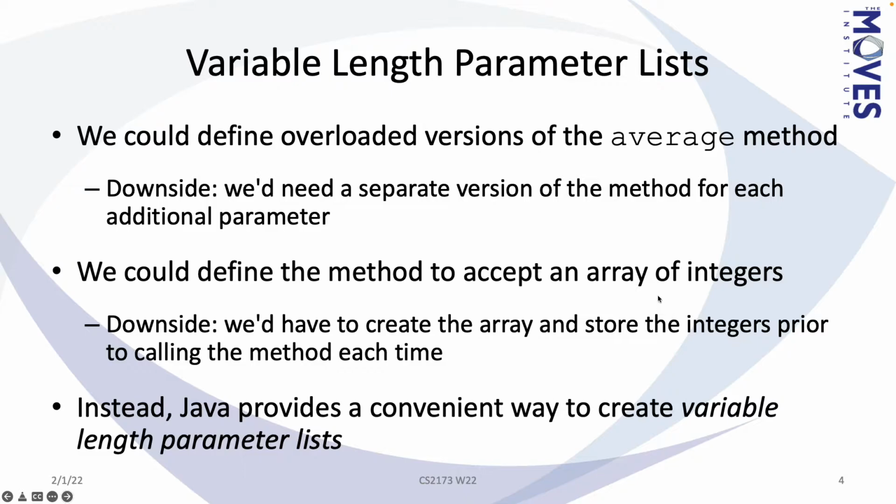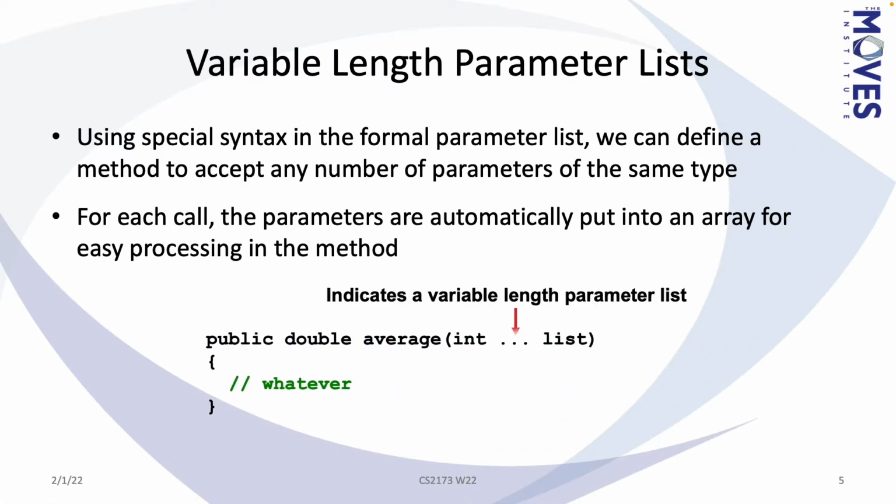Instead, what we can do is create a variable length argument list, parameter list, and it looks like this. It has 3 dots. Looks kind of weird. So here we would define the variable argument as, in this case, int followed by the 3 dots. They put a space there, but that space is optional. I usually put the 3 dots right next to it.